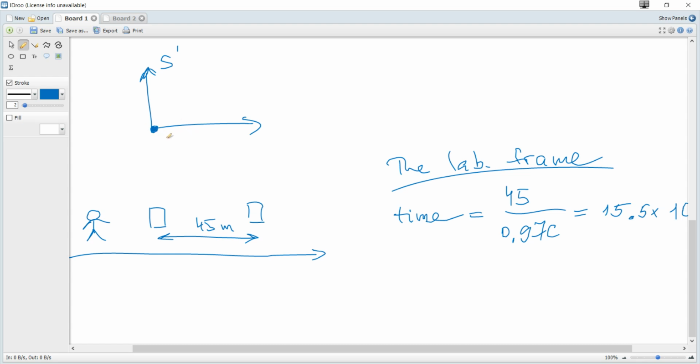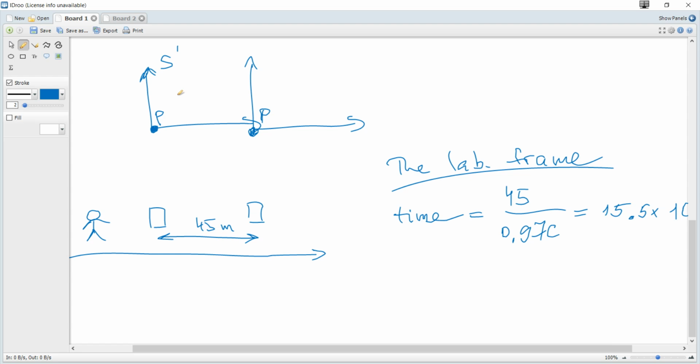And why does S prime measure proper time? Because it's the moving reference frame, and this reference frame is opposite to the first detector, but the particle is at the origin of S prime, and this reference frame is opposite to the second detector, but the particle is also at the origin of S prime. Don't get confused.